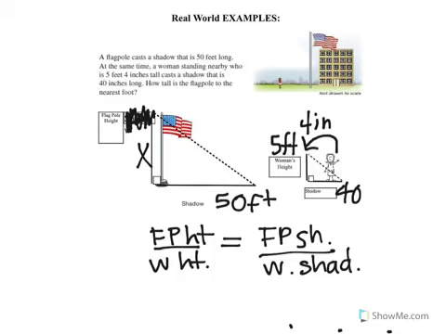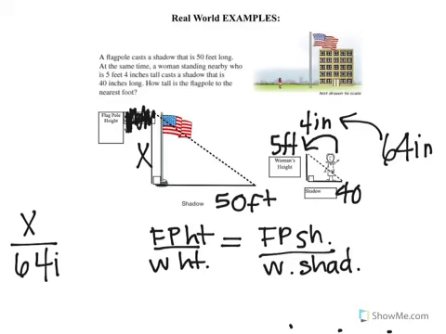But let's go ahead and change her height to inches. If we change 5 feet 4 inches into just inches, we would have 64 inches. So we're going to use that for our height over there. If we set it up just like that, the flagpole's height is what we do not know, over the woman's height. The woman's height, we're going to use the 64 inches. And then over here for the flagpole shadow, we know that we had our 50 feet.